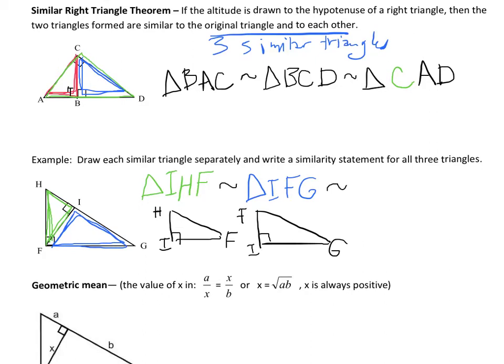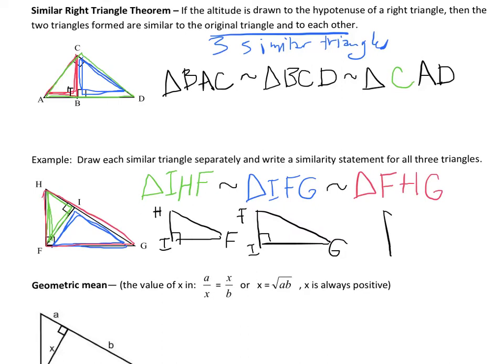And that one's similar to the whole big one, which is right here. That's triangle, start with the right angle, F, do the shorter side to H, and then G.